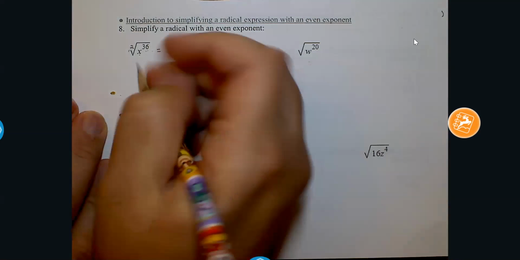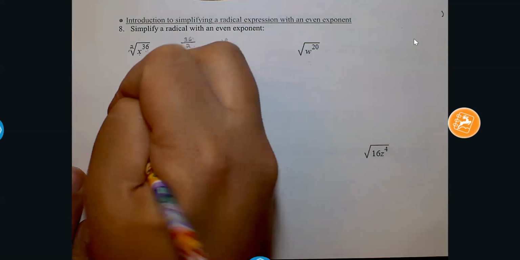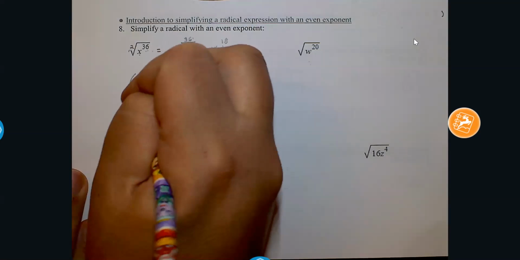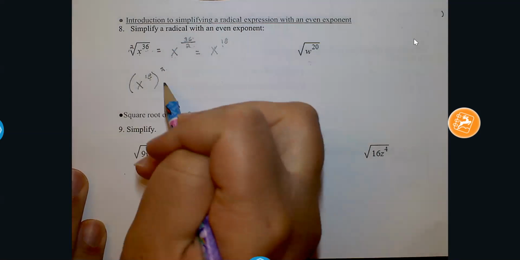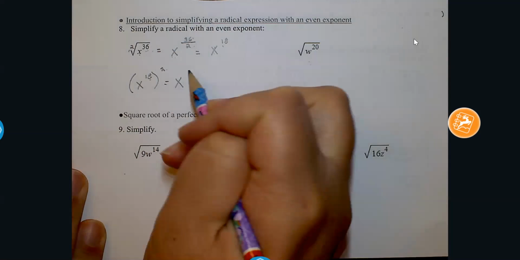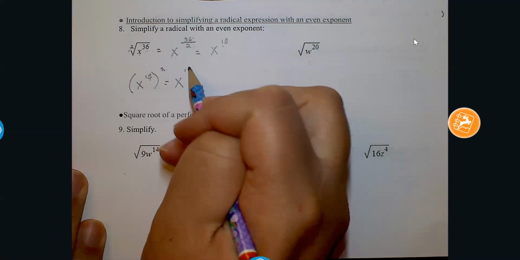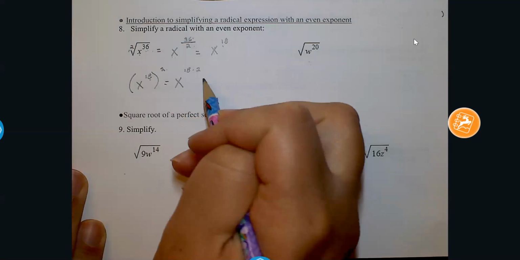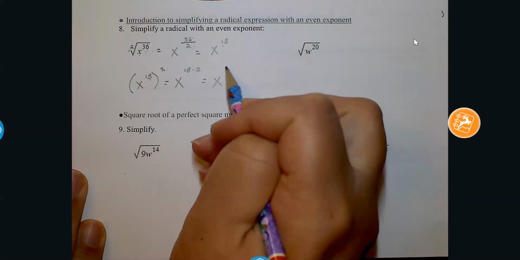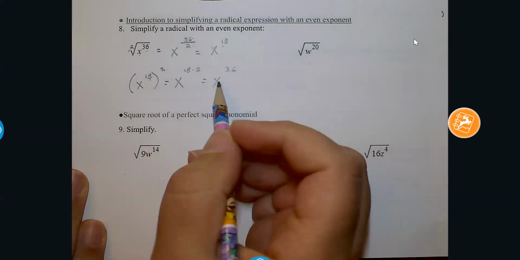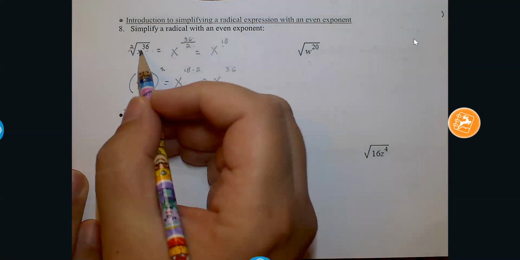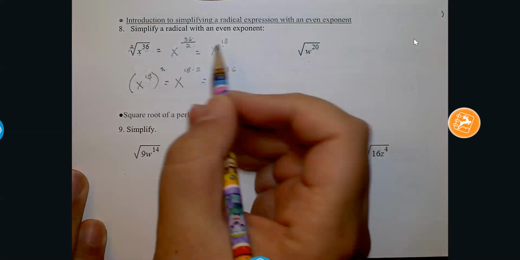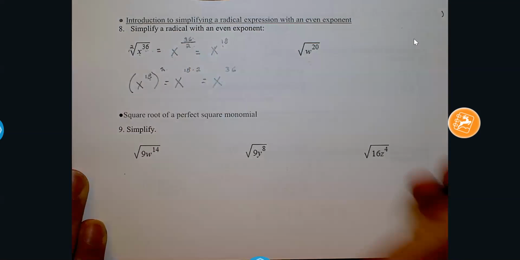The way I could describe this to you is if we look at the opposite of it. If I had x to the 18 squared, if you remember the power to a power property, you would be multiplying the power. So this would be 18 times 2, which would be x to the 36. If we did the reverse of it, we're actually dividing the exponents. So the square root of x to the 36 would be 36 over 2.